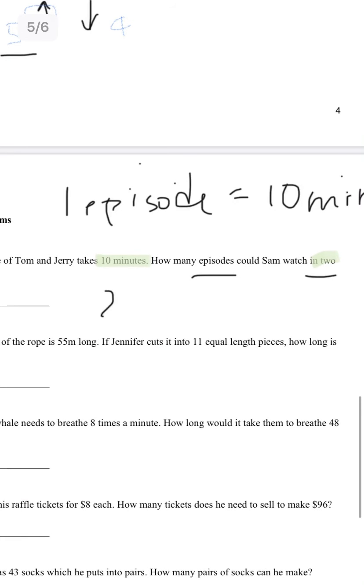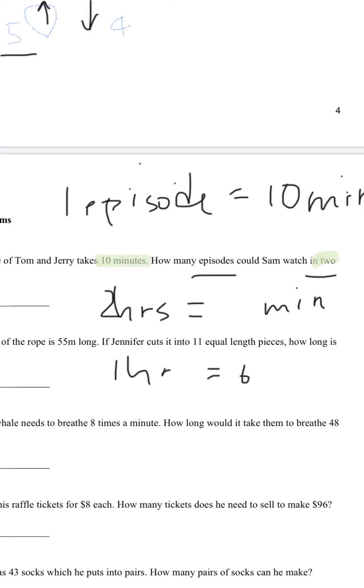So what's 2 hours in minutes? Well, 1 hour is how many minutes? 1 hour is 60 minutes, right? So then that means 2 hours is 120 minutes, right? Because you multiply by 2.